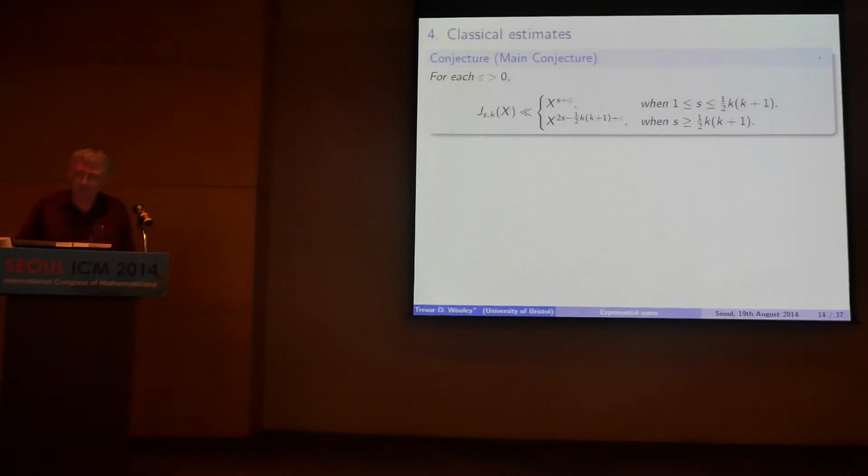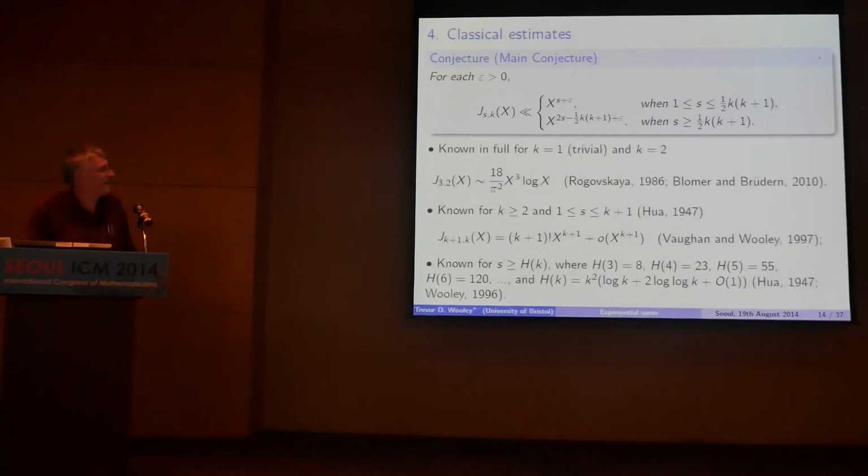So let me just summarize what classical estimates are available from the body of work on Vinogradov's mean value theorem up until about 2010. And here's a reminder of what we conjecture to be the case. So the conjecture was known to be true, even in a very precise form, in the quadratic case.